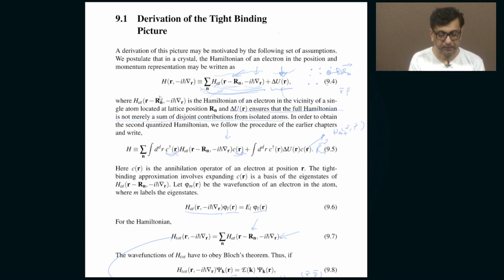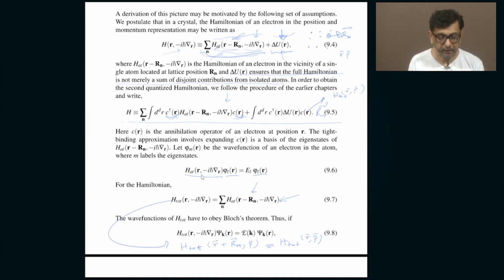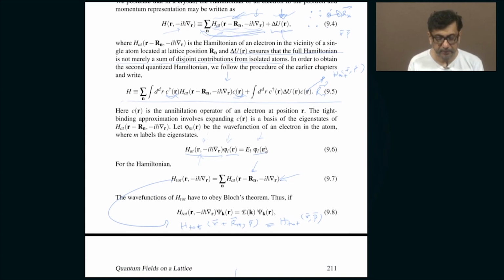Whatever it is, you can now write the second quantized Hamiltonian in terms of creation and annihilation operators, because we have it in terms of position and momentum. Now, what we did was we said, let us assume that this particular Hamiltonian has a set of complete eigenstates labeled by phi_L. L is some kind of shorthand for the orbitals.